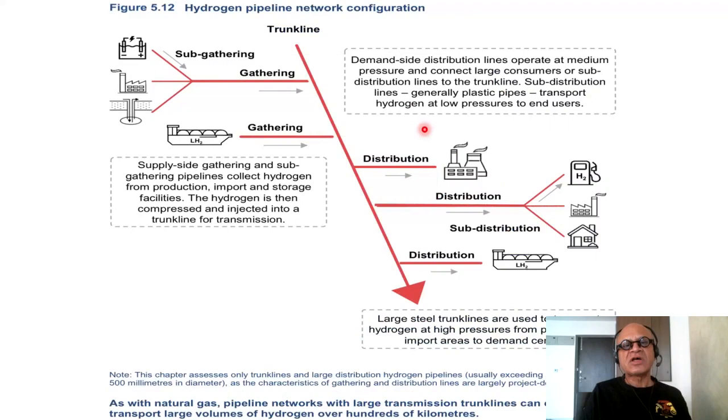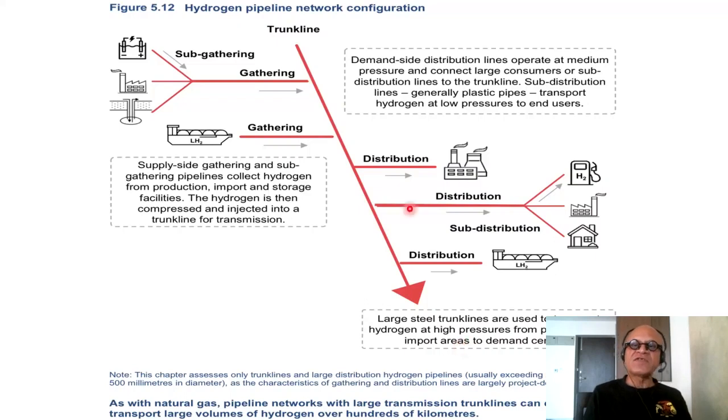Some other details: how hydrogen pipeline network configuration could work. So you have sub-gathering and gathering here, supply side gathering and sub-gathering pipelines, trunk line, and with distribution along the way, sub-distribution, transportation, liquid hydrogen, for example. So large steel trunk lines are used to transport hydrogen at high pressures from production or import areas to demand centers.